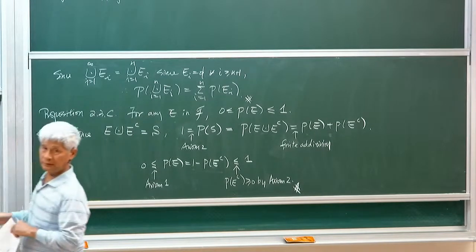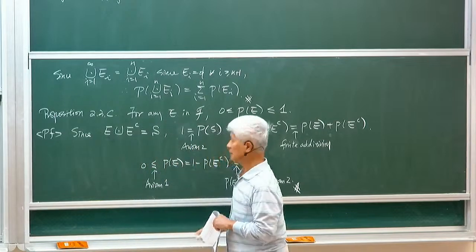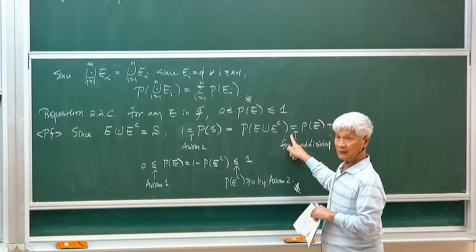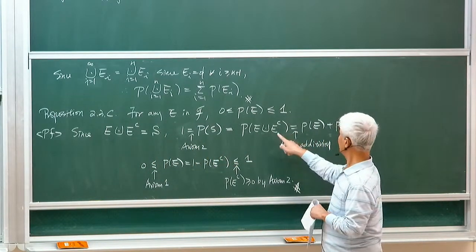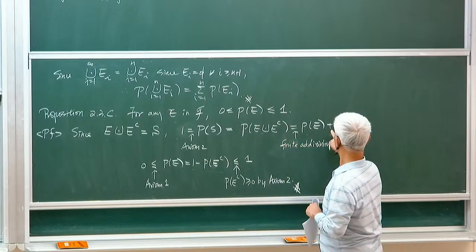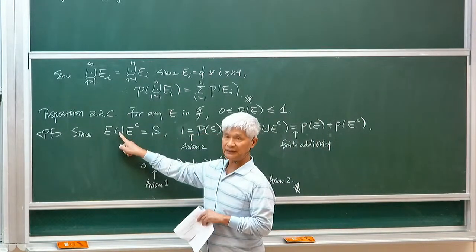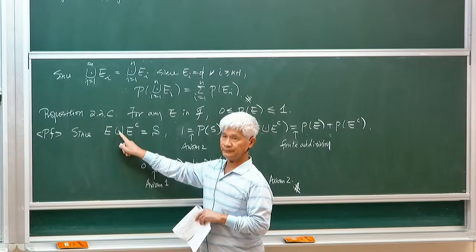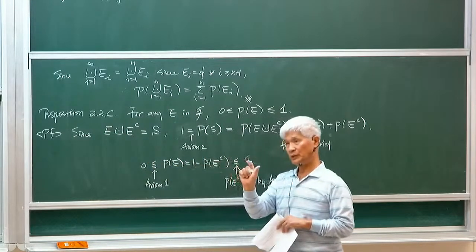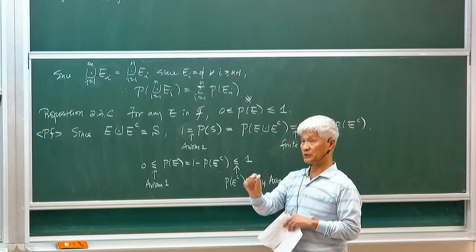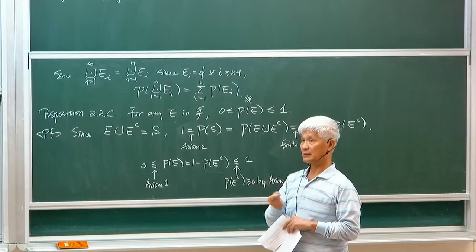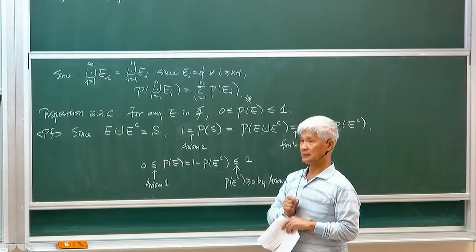There's nothing in common between these two, E intersection E complement, so they don't have anything in common. So I put the disjoint union. I have 2 events, they are disjoint to each other, so their probabilities can be written separately.